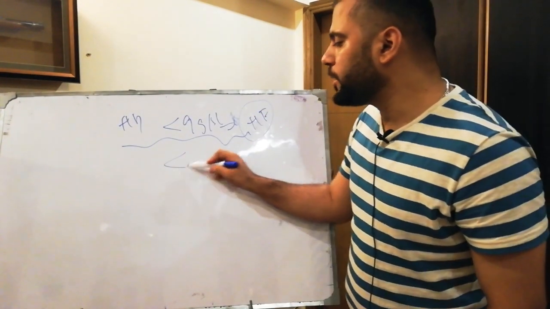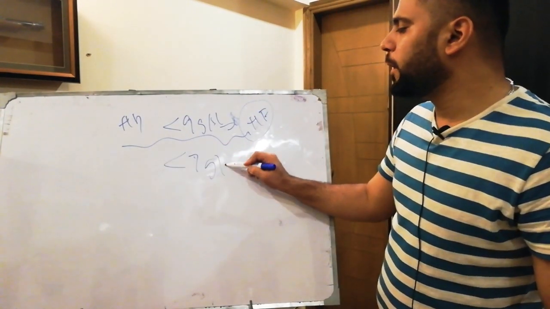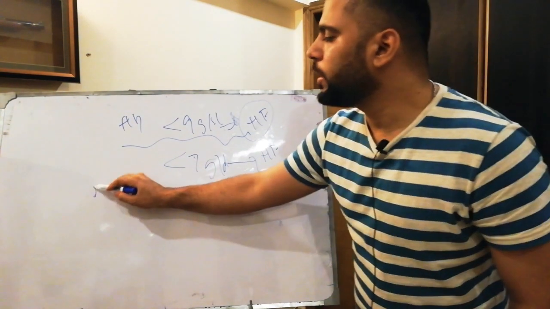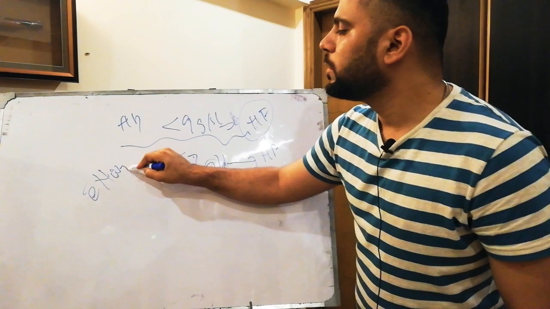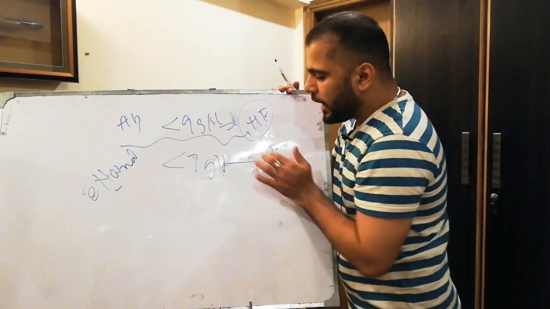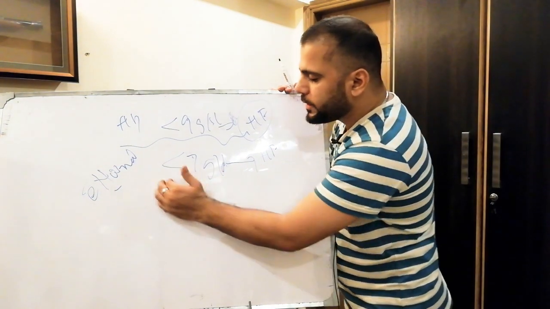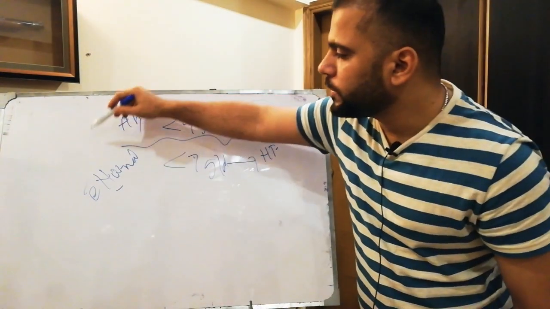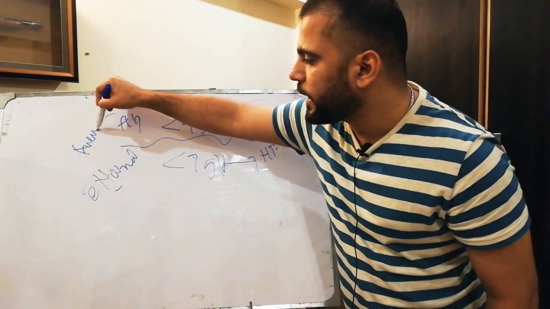But if your patient has less than 7 gram per deciliter, then your patient would have heart failure with normal heart. Even a normal heart can develop the signs of heart failure at less than 6 gram per deciliter. Then you have to treat this anemia. Then you have to check the anemia.